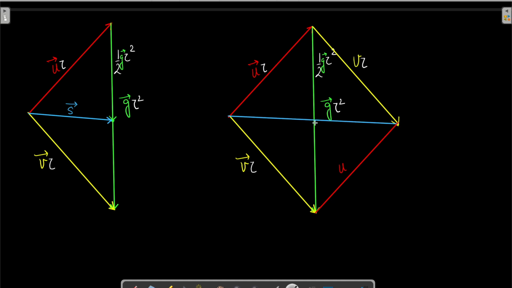From now onwards we'll call this point midpoint. This is half g vector tau squared, and this is half g vector tau squared, and this is the S part.